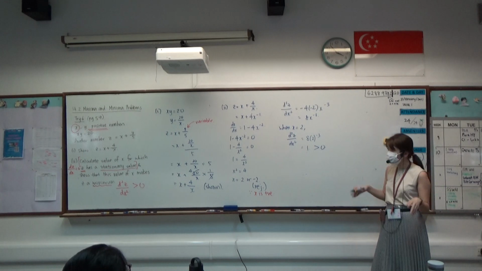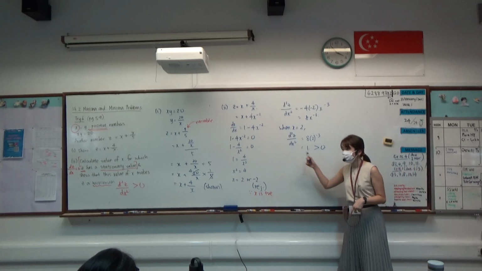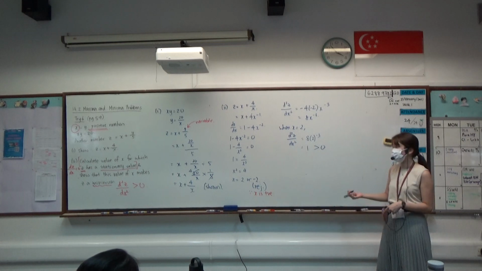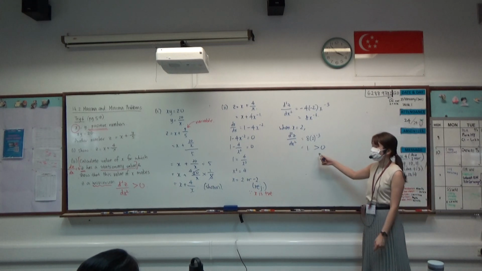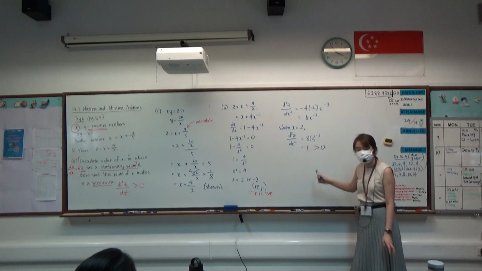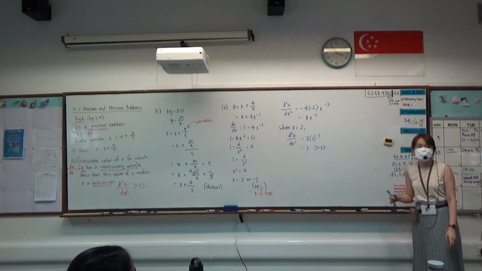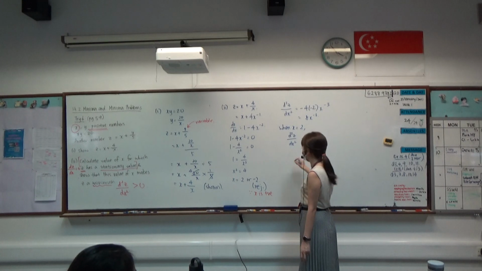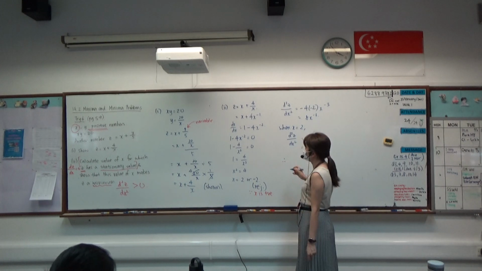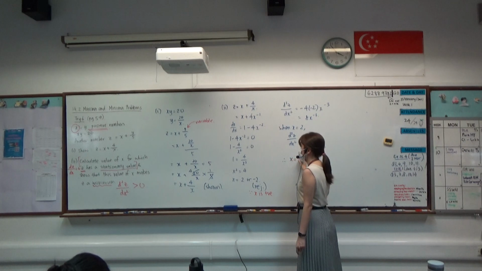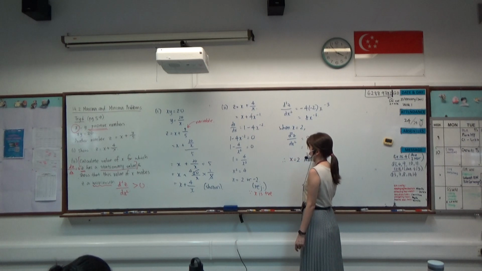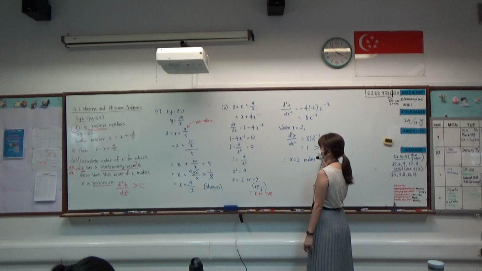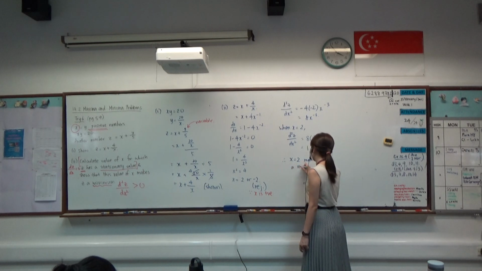We should be expecting a positive number because the question asks us to show that it's a minimum. Surely that will happen. If you end up with a negative, that means something is not right with your second derivative expression itself. So since the second derivative is more than 0, we can conclude that x equals 2 makes z a minimum.